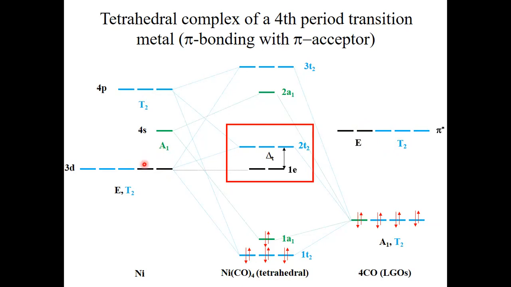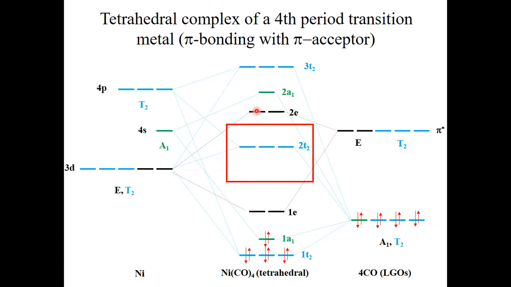You see that previously the E orbitals of the metal were completely non-bonding, and we would expect that these orbitals now would become bonding, and there would be a pair of antibonding molecular orbitals of E symmetry as well. Okay, so these orbitals here become bonding, and then we create another pair of antibonding E orbitals as well.